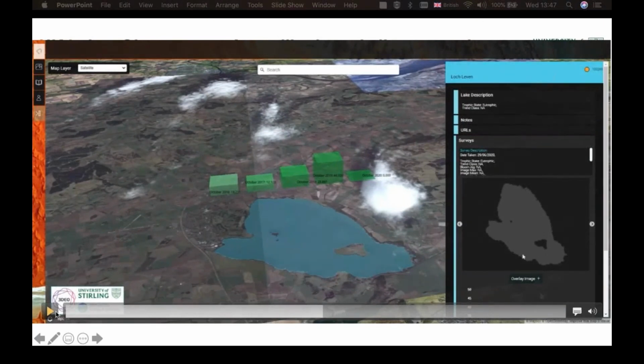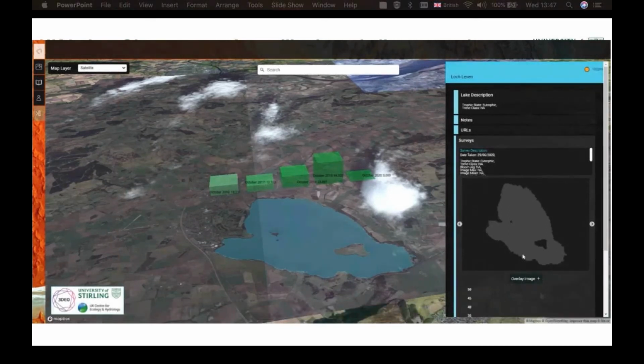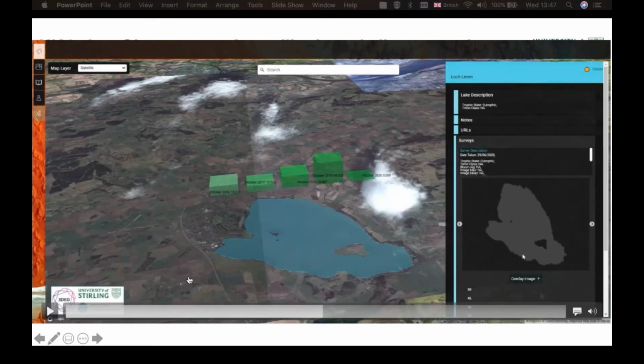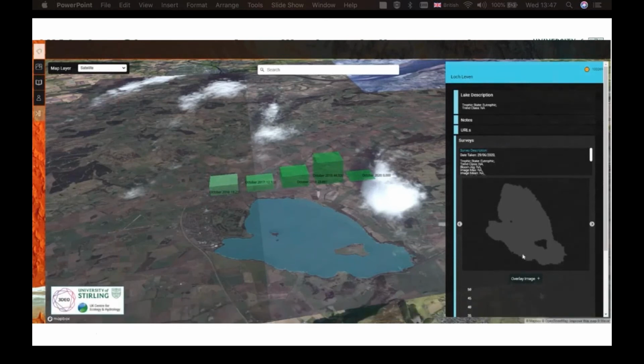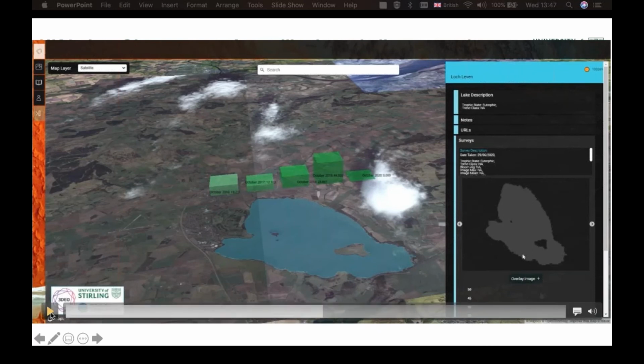So the bar plot shows chlorophyll A in previous years. You can, of course, as well change, you can move up features among different layers, as you can see here as well.